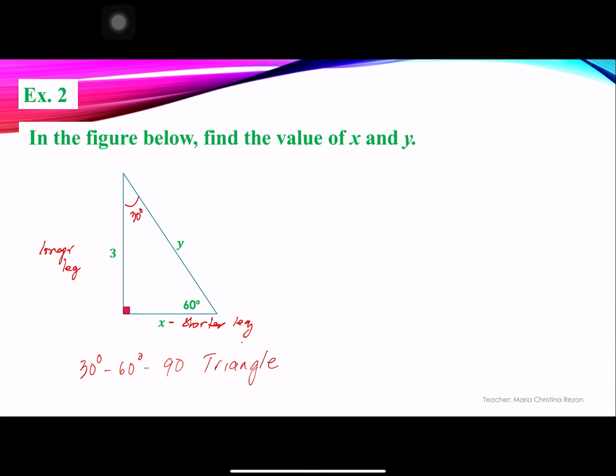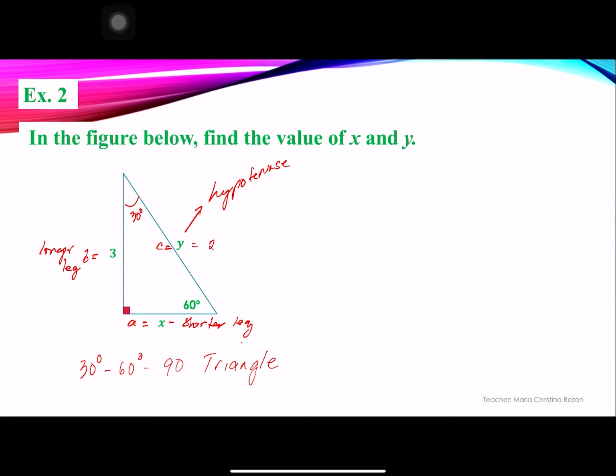And this is your hypotenuse. So if this is a, this is your b, and this is your c. Since this is a 30-60-90 triangle, the hypotenuse is twice the shorter leg.